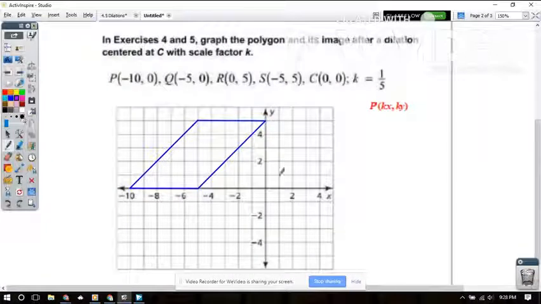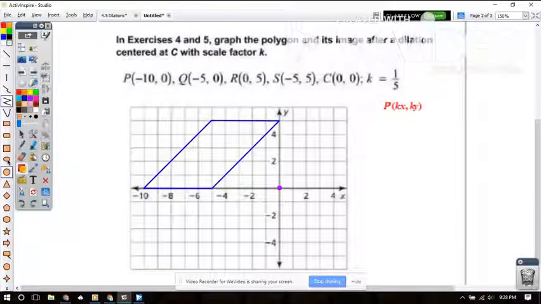Okay, let's plot the center of dilation, which is the origin. Right there it is. And remember, the way this works, every point for our dilation is going to be on the ray from the center through the vertex of the original. So our image, all of our vertices, are going to be on these rays, in such a way that they will be K, this ratio.